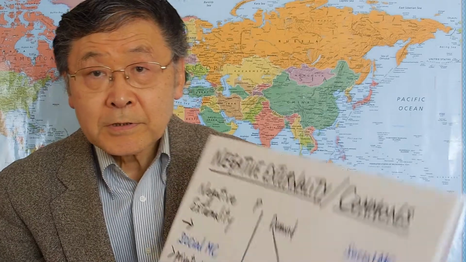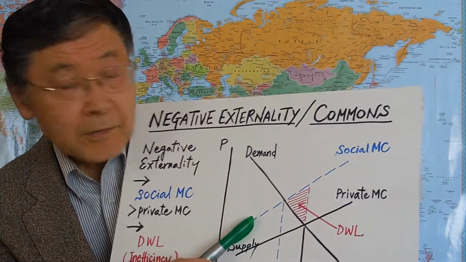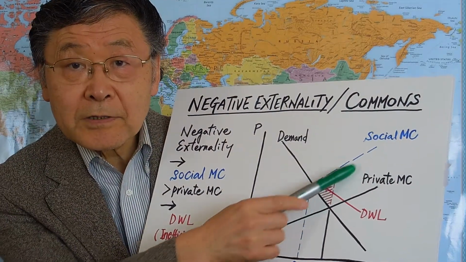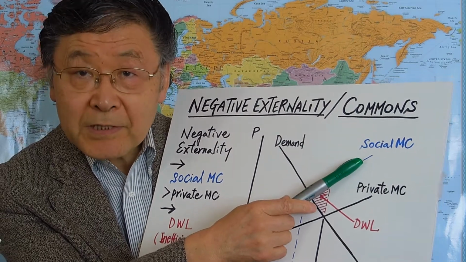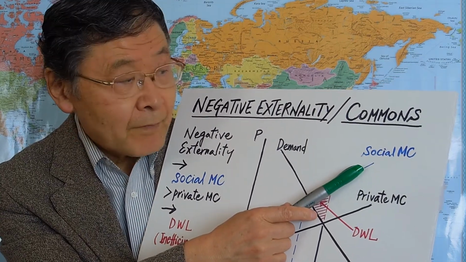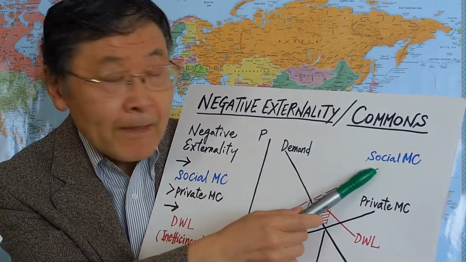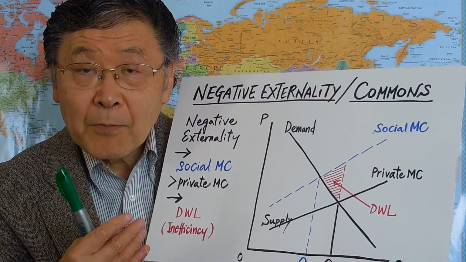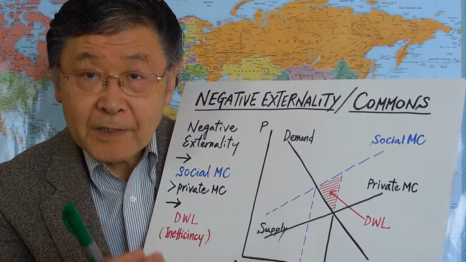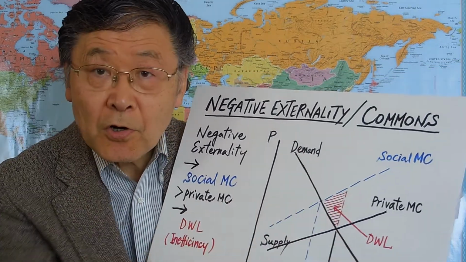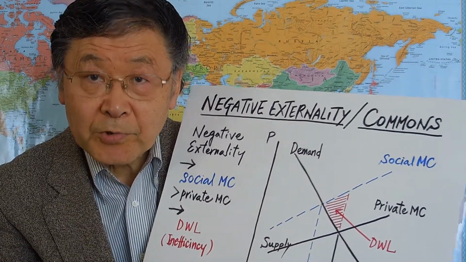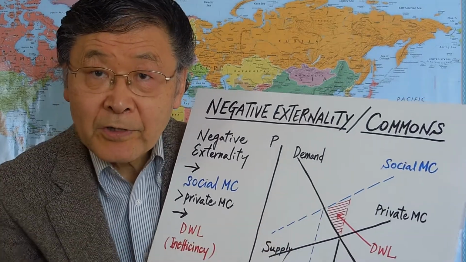In other words, again back to this graph, the social marginal cost includes the subjective evaluation of the cost. So as people become more aware of the environment, the social marginal cost will increase. This is the perceived value of social cost.